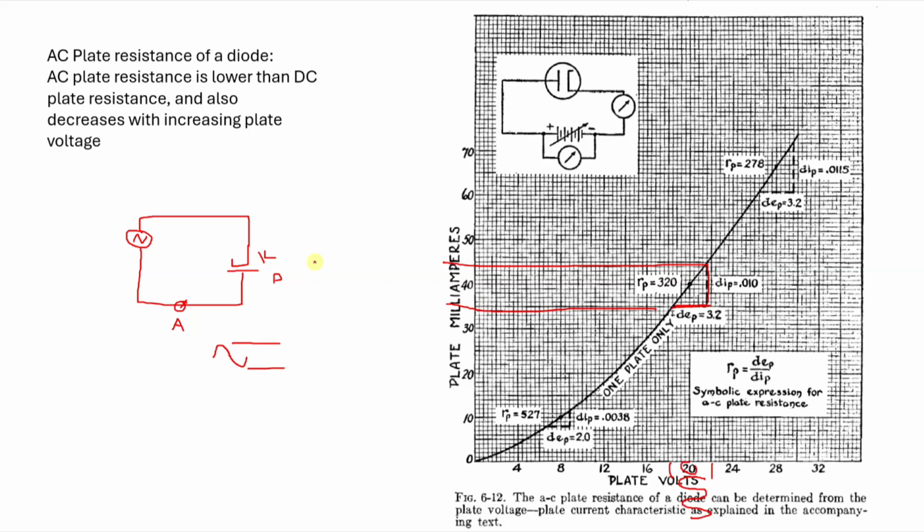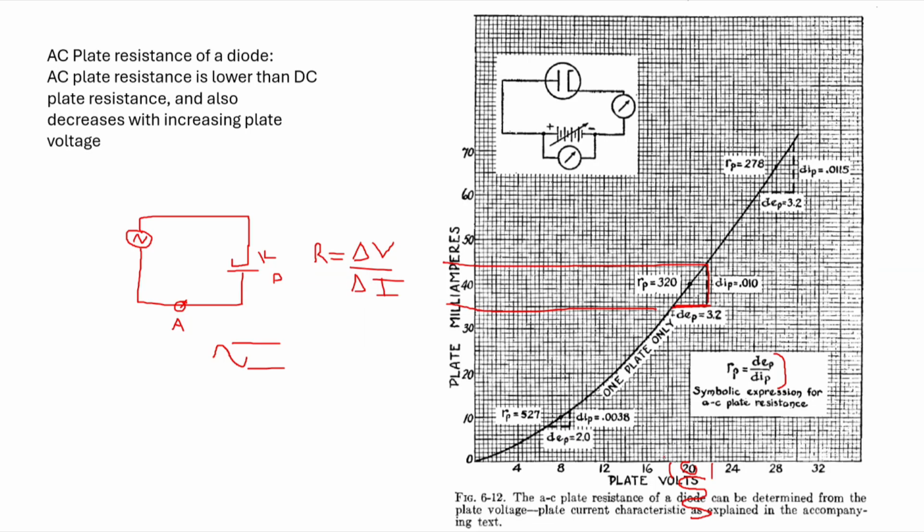And so for our AC resistance, and change is indicated a lot of times in engineering by delta, delta V over delta I. And that's indicated right here using more of a calculus notation. Same thing.